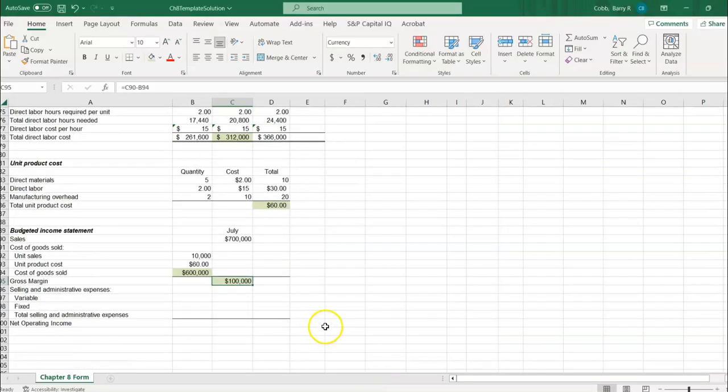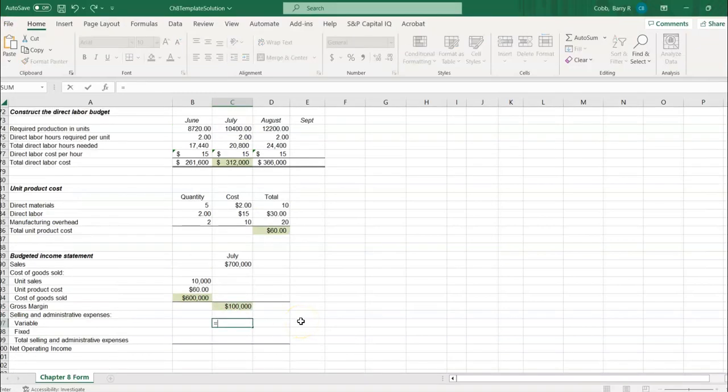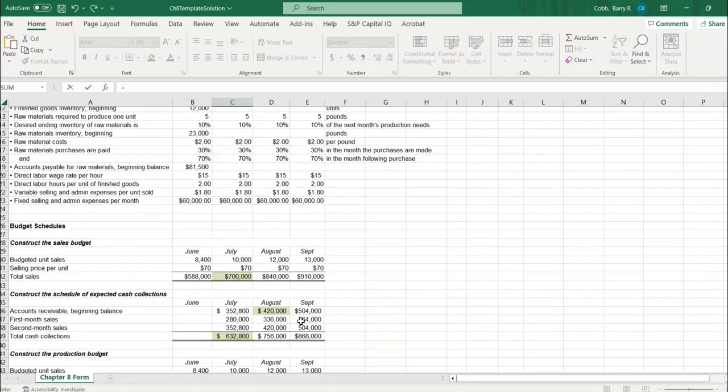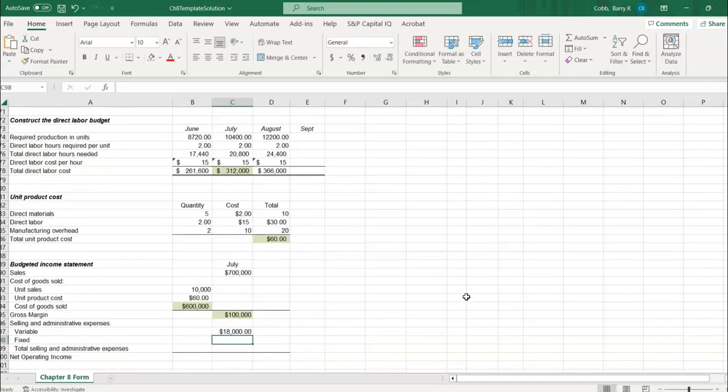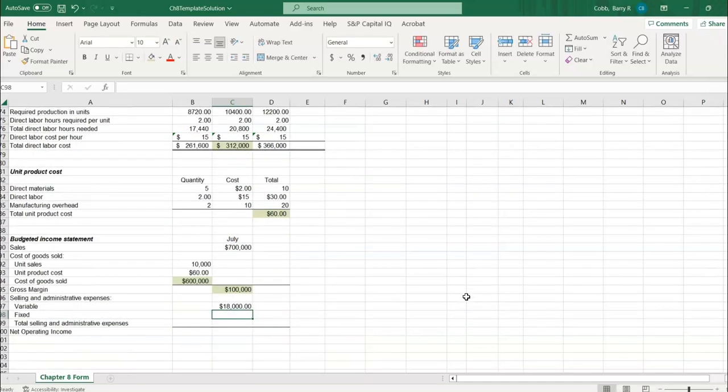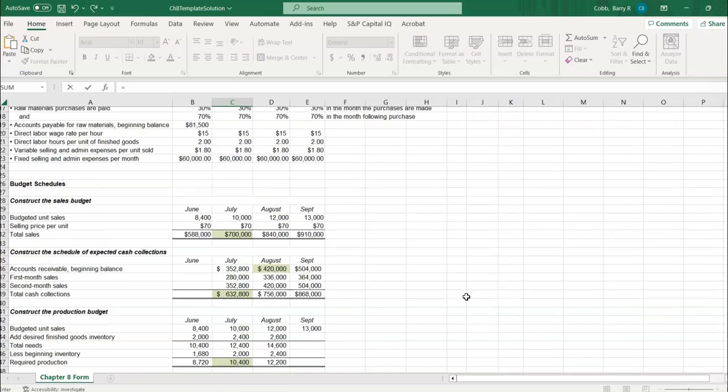All right, now we have assumptions at the top that give two types of selling and administrative expenses. The variable selling and administrative expenses, it says, are $1.80 per unit times the 10,000 in unit sales that we are projecting to make in July. And then we've got an assumed $60,000 of fixed selling and admin expenses.